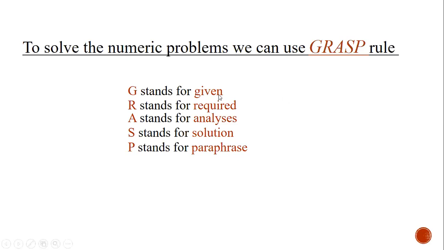G is given, that is the data. R is required, meaning what we have to find. Analysis: after looking at the given and required, we have to analyze which formula is applicable in this case. S stands for solution, obviously you are going to solve for the required, and the last is your conclusion, the paraphrase. So we are going to use this formula.